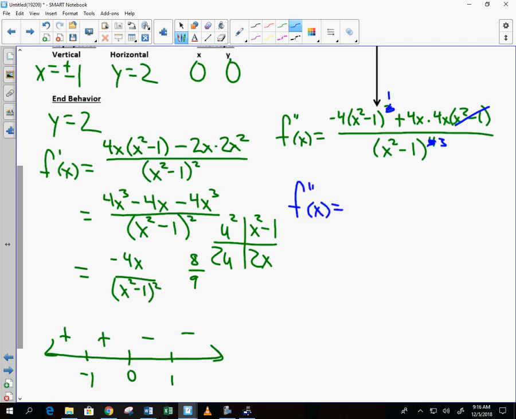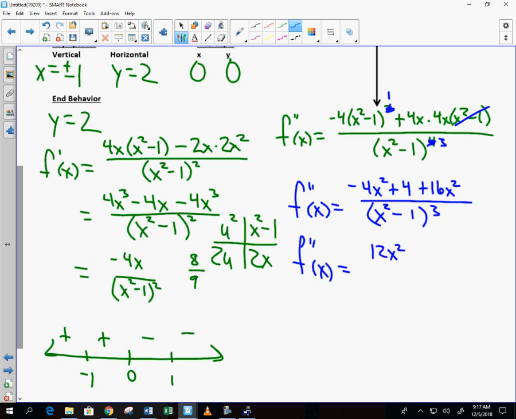So f double prime of x is negative 4x squared plus 4 plus 16x squared, all over x squared minus 1 cubed. So f double prime of x is equal to 12x squared plus 4 over x squared minus 1 cubed.